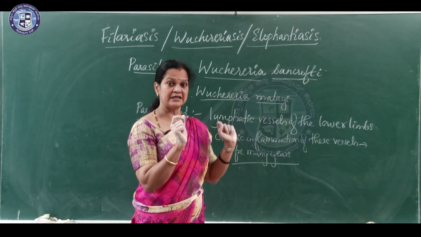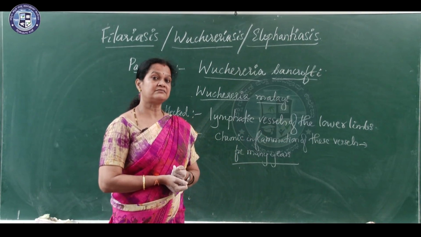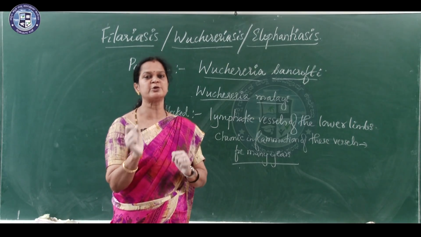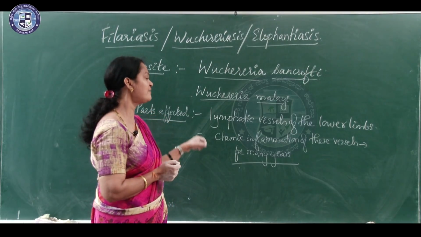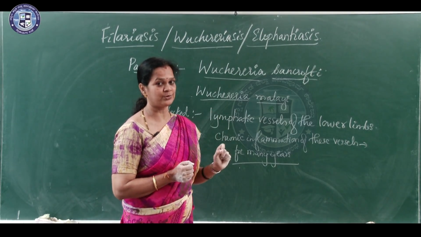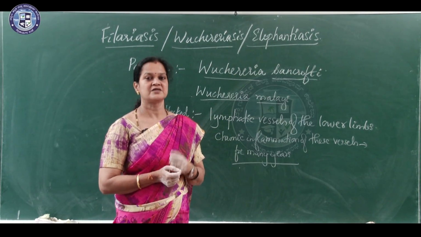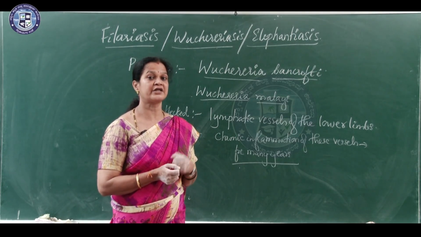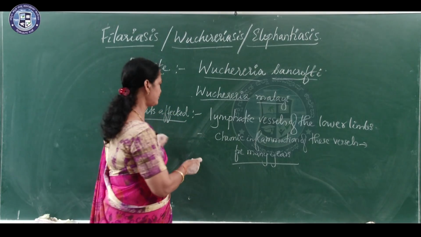How it is transmitted is with the help of a mosquito vector only, and here the mosquito species is different. In the case of malaria it was Anopheles species, here it is Culex mosquito.